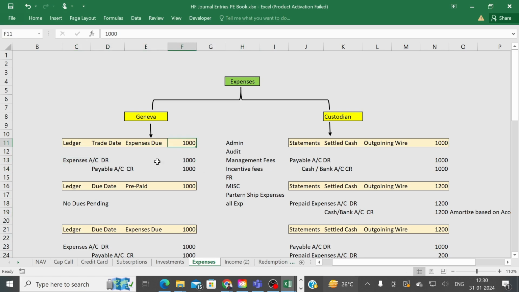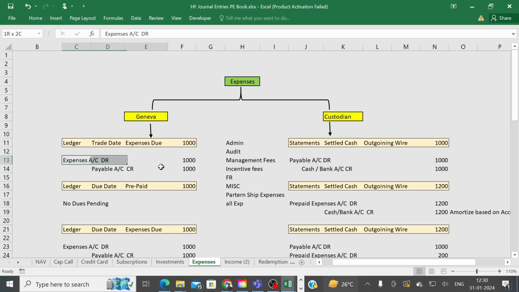And when you make a payment, meaning the payable is settled in cash, you would check that on the bank account, and in that case your accounting entry would be payable account debit to cash account credit.